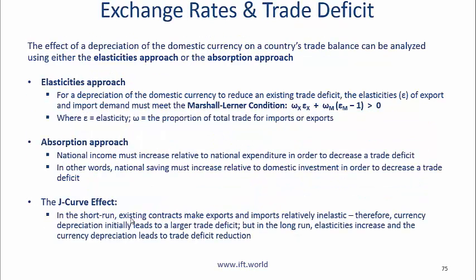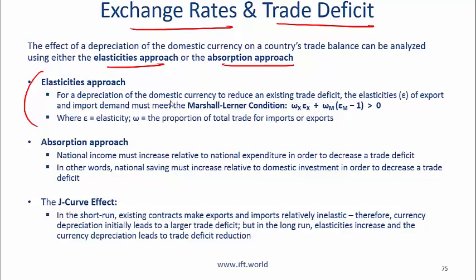The final slide here, exchange rates and trade deficit. The effect of a depreciation of the domestic currency on a country's trade can be analyzed using either the elasticities approach or the absorption approach. So elasticities approach first.